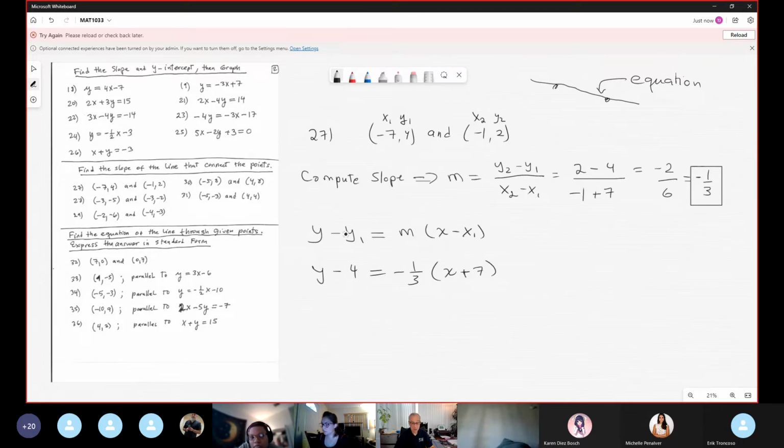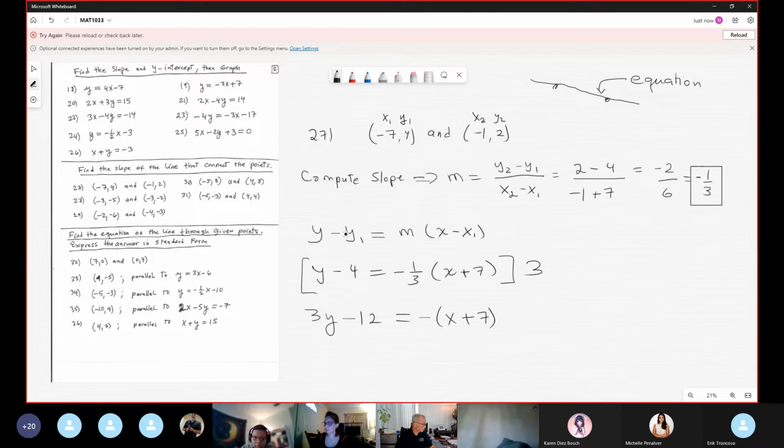At this crucial moment, I have a fraction. I don't like the fraction. You eliminate the fraction, multiply by 3. 3y minus 12 is equal to 3 times 1/3, which is negative 1, times x plus 7. Do you follow me so far?